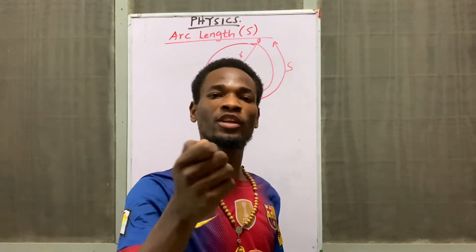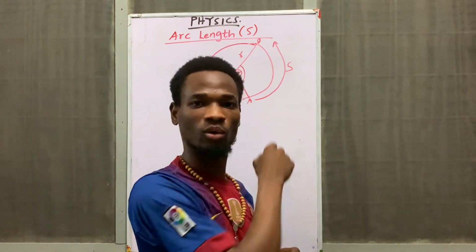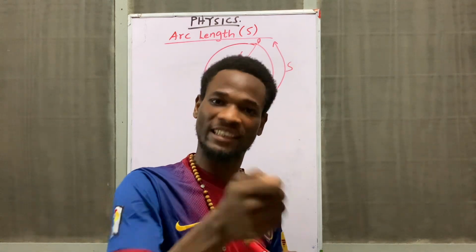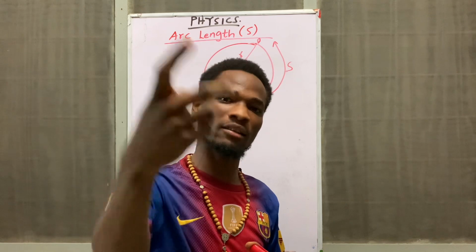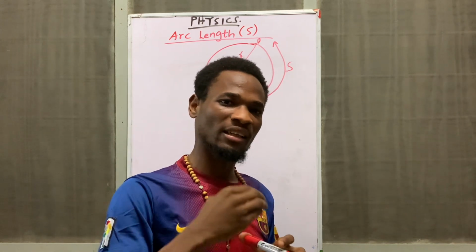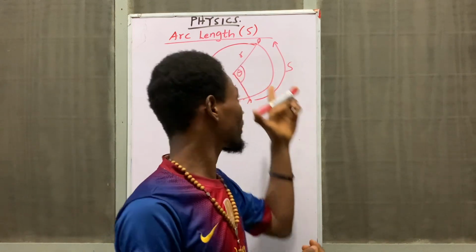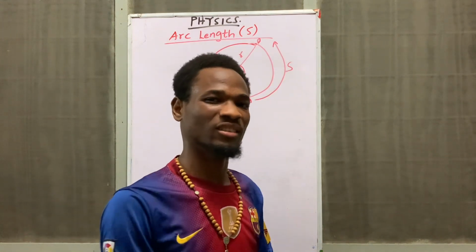Please note the difference between the theta over here in the diagram and S also. S is a distance, whereas the theta refers to what? It is an angle. So please note this, S is basically a distance, while the theta or the angular displacement here is an angle.